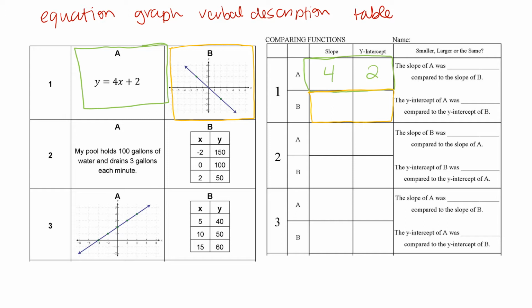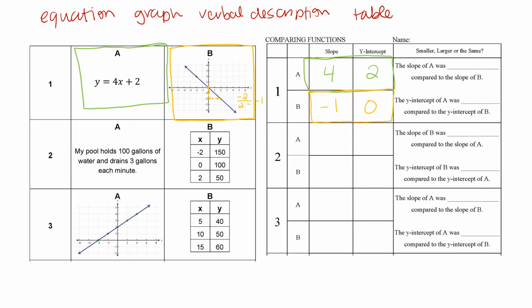To find my slope, here are my 2 points. I go down 2, so that would be a -2, and then over to the right 2, which would be a +2, so that's -1. And then it crosses my y-axis at 0.